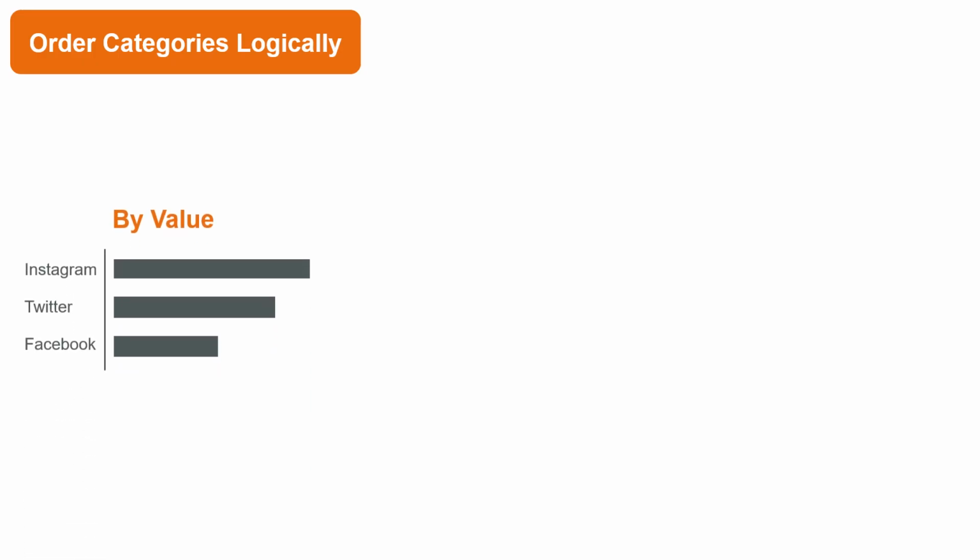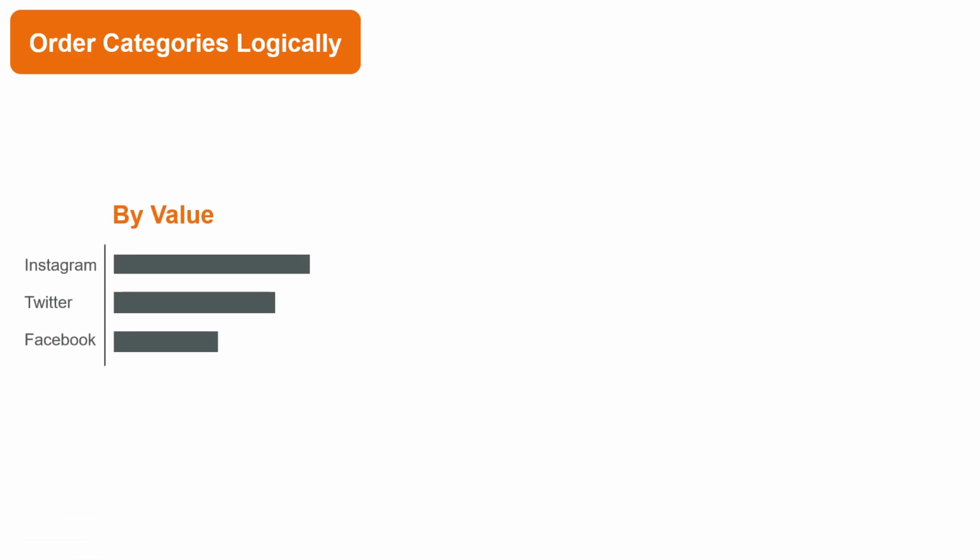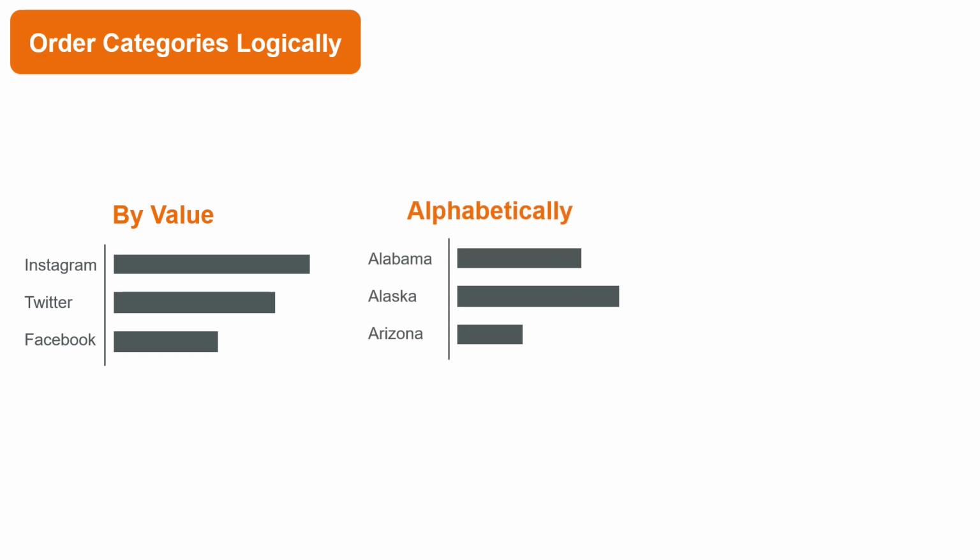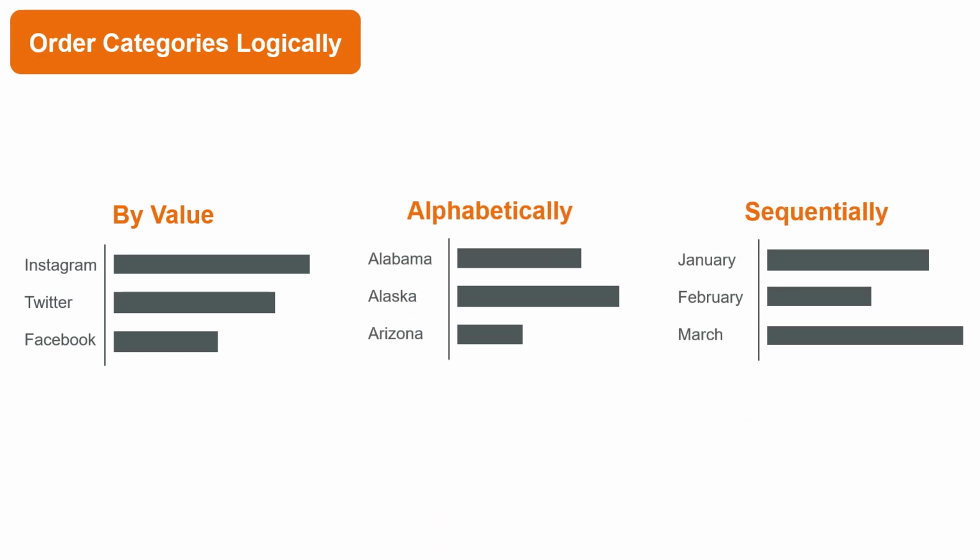You can do this in a few ways. One is sorting the data from the lowest to highest values when what matters most is one category's value in relation to the others. But we can also sort alphabetically or sequentially if they are categories that should appear in a certain order for reader comprehension.